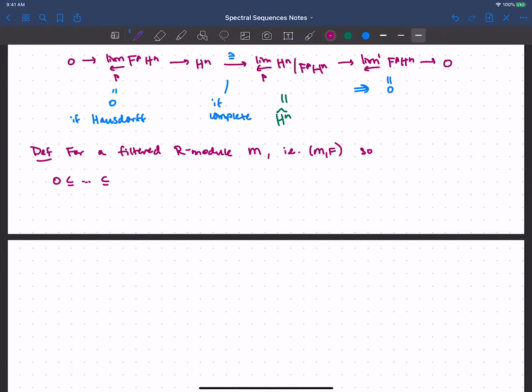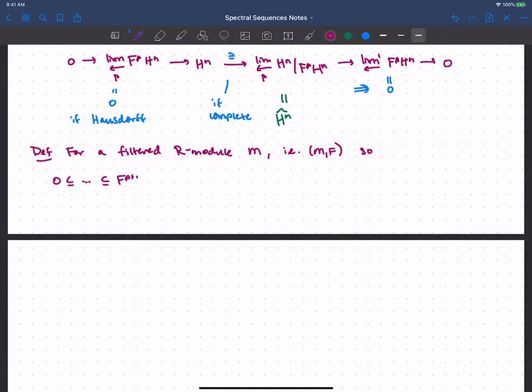We could index it however we want, but we'll just be consistent. FP plus 1 M sits inside the pth filtration, and so on. Again, in algebra, people tend to assume this is exhaustive, so just writing this even means that the union is M. But we're not assuming that here, though we basically could.